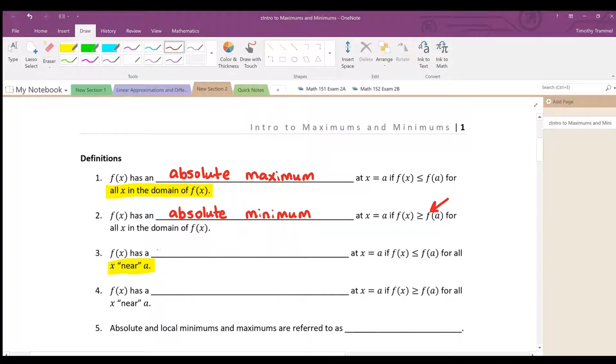Well, when it's just bigger than all the points around it that are nearby, we call this a local maximum. And if we have a y value that's smaller than all the y values near it, we call it a local minimum.